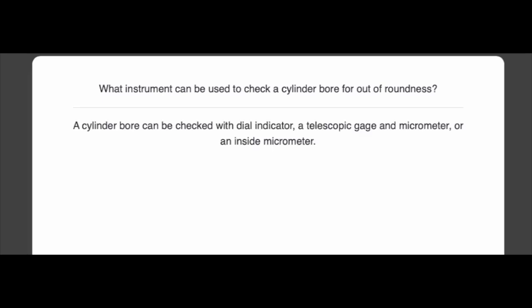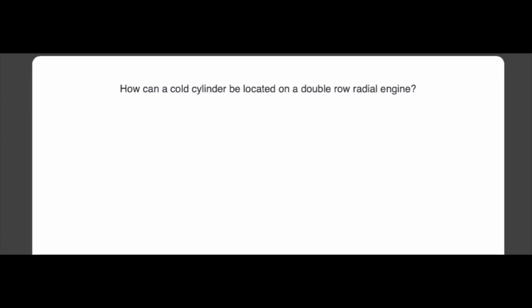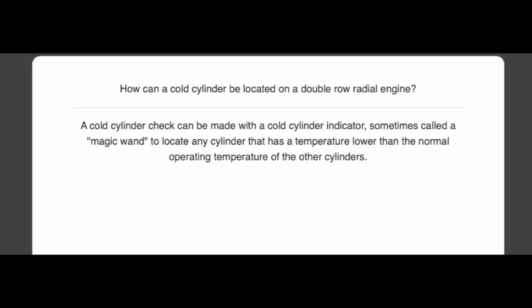A cylinder bore can be checked with a dial indicator, a telescope gauge and micrometer, or an inside micrometer. How can a cold cylinder be located on a double-row radial engine? A cold cylinder check can be made with a cold cylinder indicator, sometimes called a magic wand, to locate any cylinder that has a temperature lower than the normal operating temperature of other cylinders.